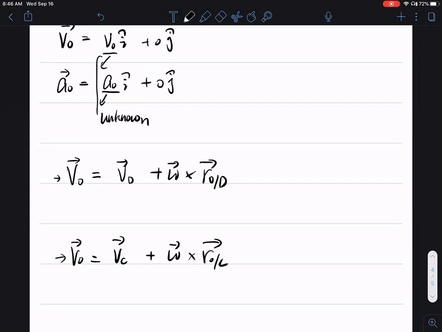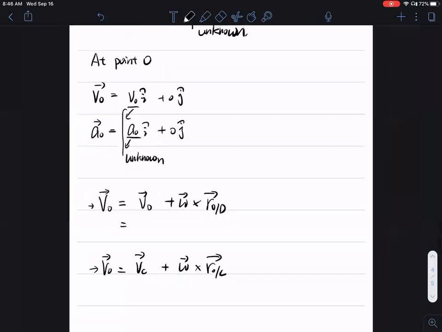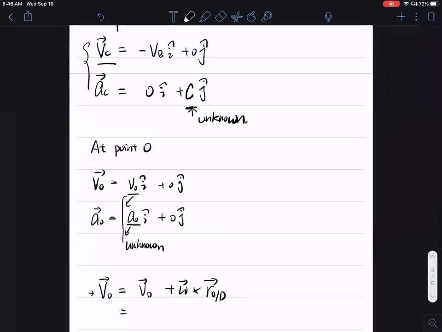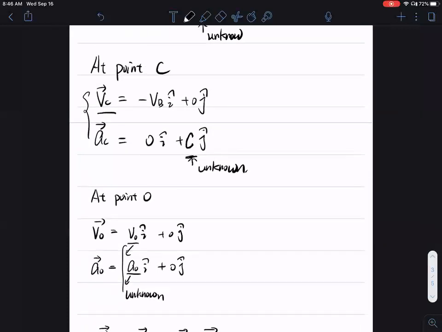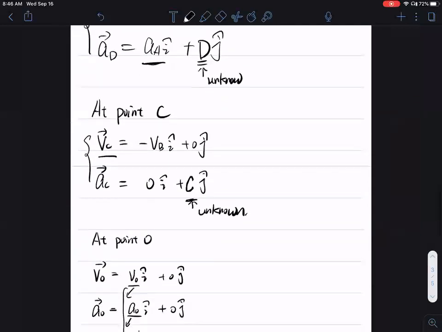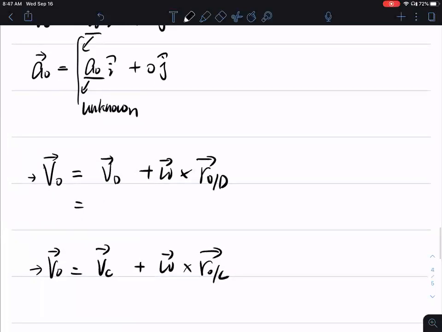Both points O, C and O, D are on the same rigid body, so we can apply the velocity equation we learned at the beginning of this chapter for this rigid body. So what do we get from the first equation here? We can plug in everything we know. We know something about VD. VD is right there, so plug in what you know about VD.